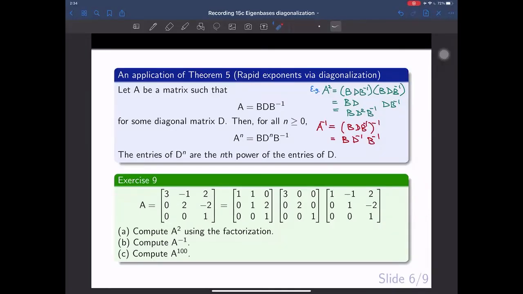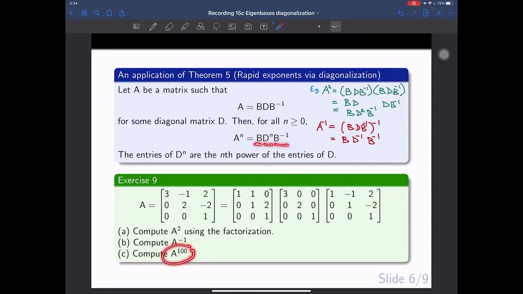And in fact, you can replace this 2 with a much bigger number, like 100. And so we can compute A to the 100 with P times D to the 100 times P inverse.